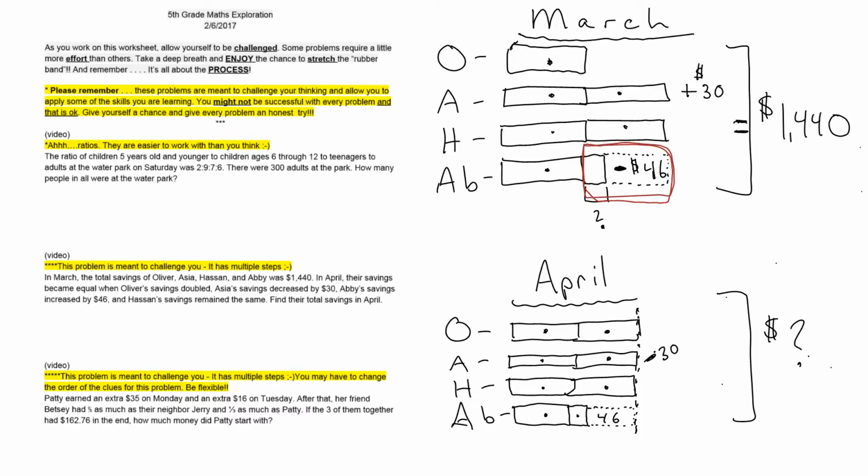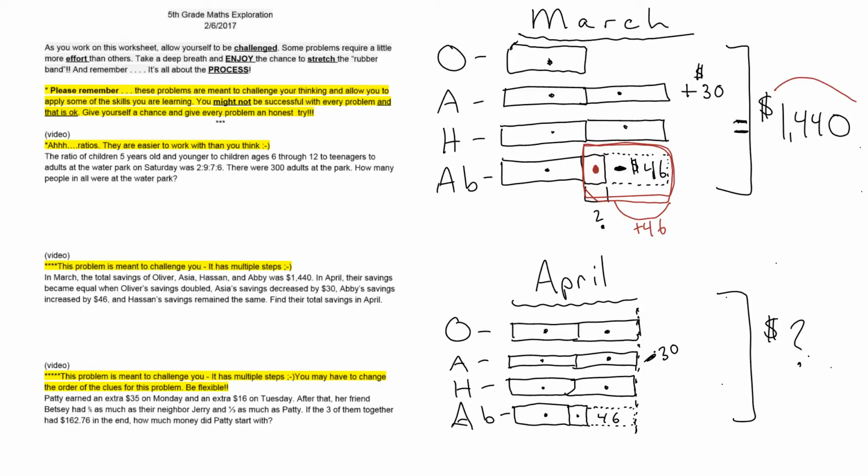I don't know what this here is worth, but I do know that if I added 46, I would get a whole other unit, which would be great, because then I would have 7 units plus 30 equaling my amount over here. So I think I should actually be able to do that.